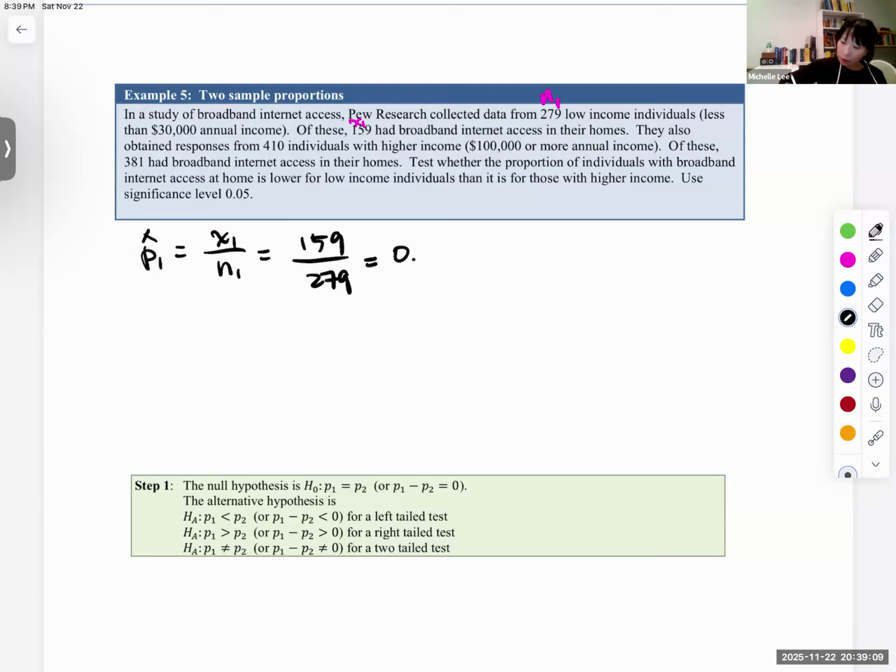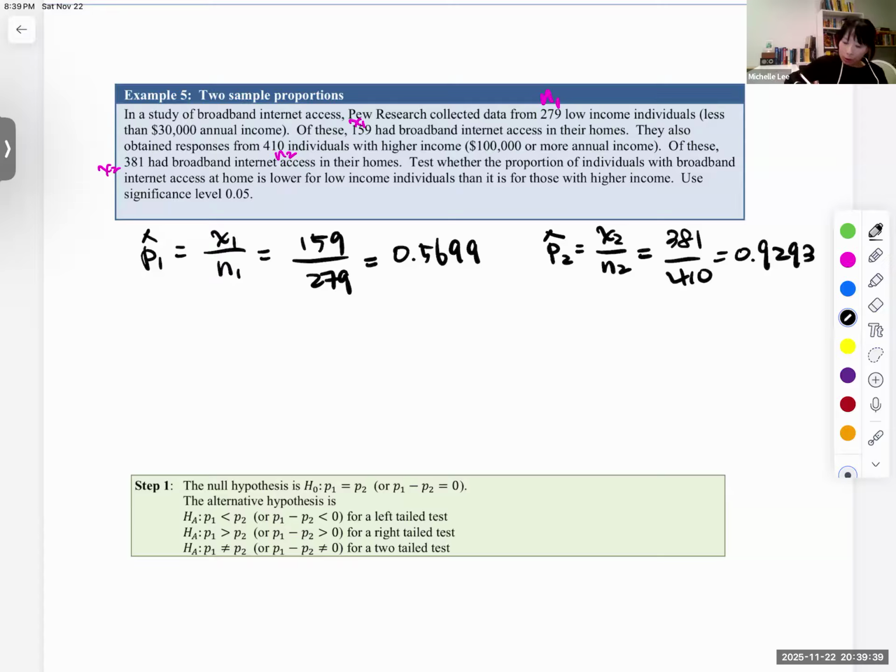Okay, 0.5699. How about p hat sub 2? So x sub 2 over n sub 2. That's n sub 2, x sub 2, so we have 381 over 410. What do you get? 0.9293, right?